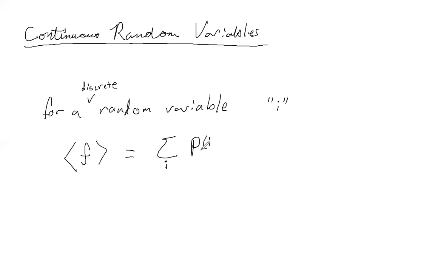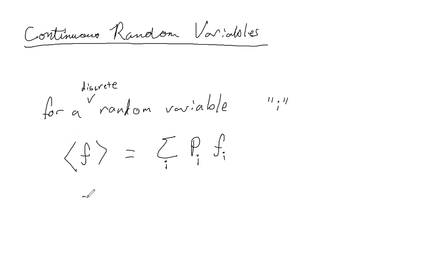Oh, take it back. I think I wrote it slightly differently, so I'll go back. Pi times the value of this thing I'm averaging evaluated on random variable i.